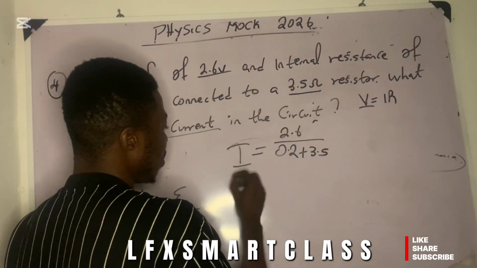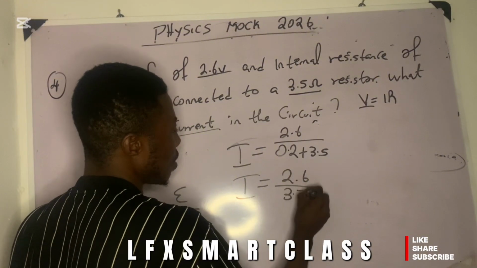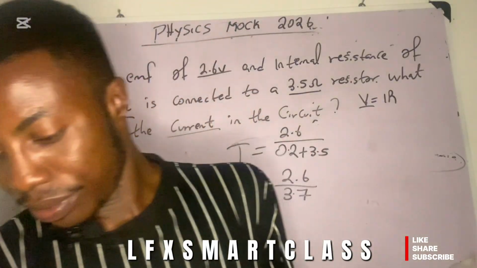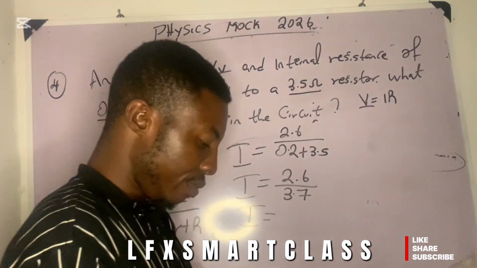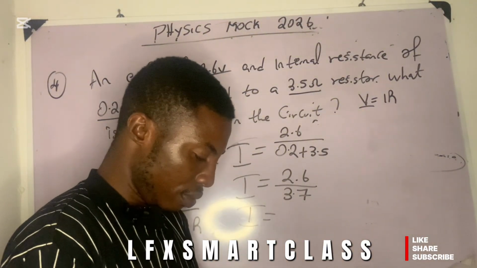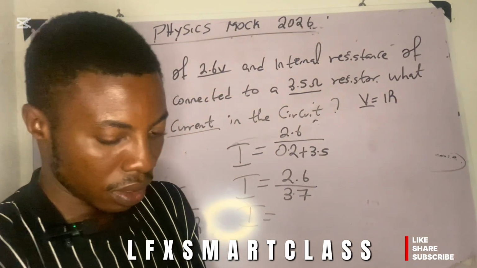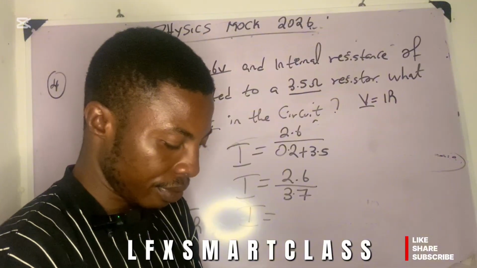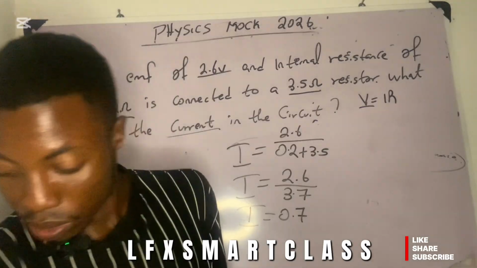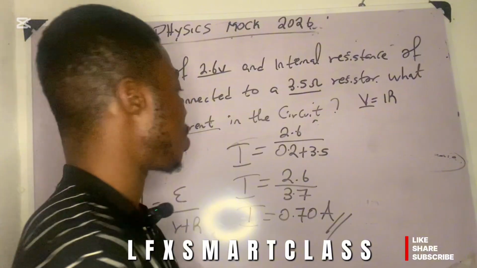If I add these two together, that's going to be 3.7. So my I will now be 2.6 over 3.7, so my answer will be 0.7 amperes. That's going to be my I.